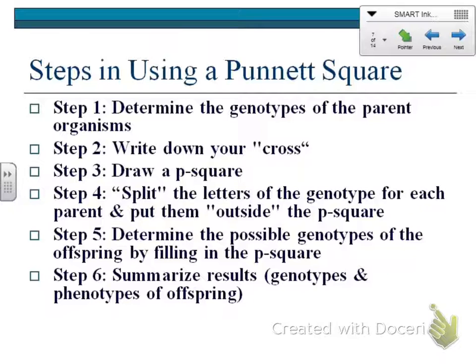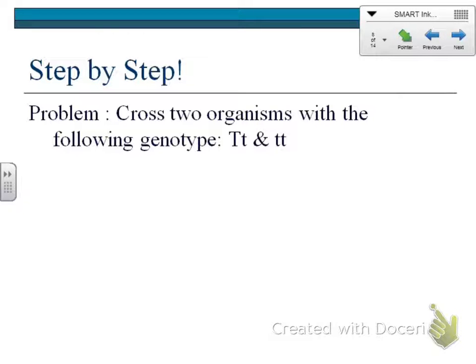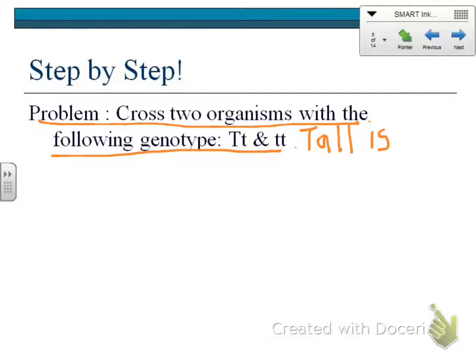All right. So, first thing you need to do is we need to write down the problem. So, on your notes where you see that it says example, let's go ahead and write down this problem. I want you to write down the whole thing, and I'm going to add just a little thing on the end. Okay? And we're going to just make sure that we know we're talking about tall is dominant.